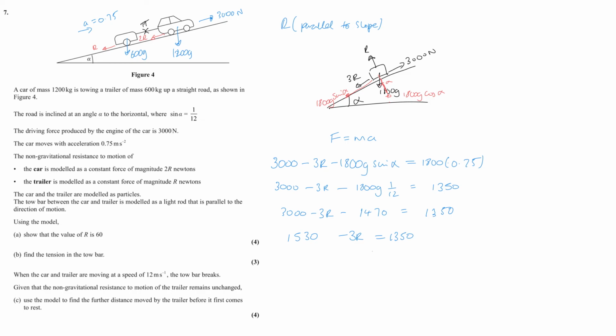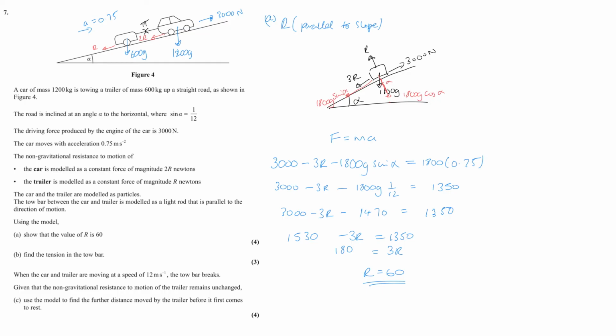So 3r equals 180, divided by 3, r equals 60. Okay, so that's part A done there.